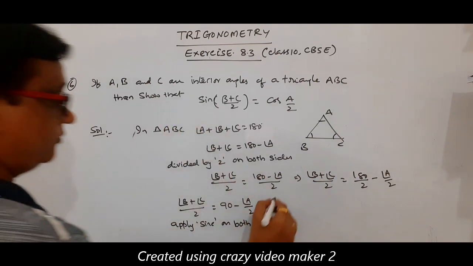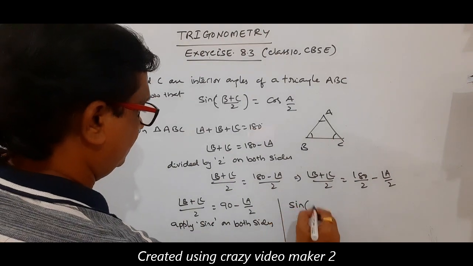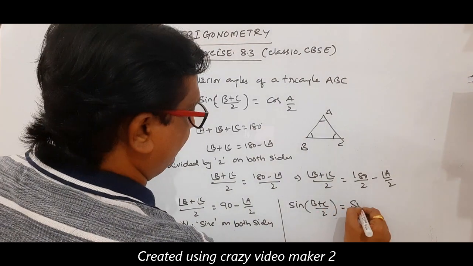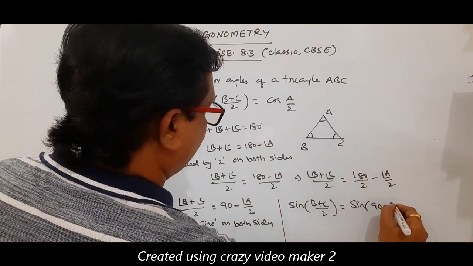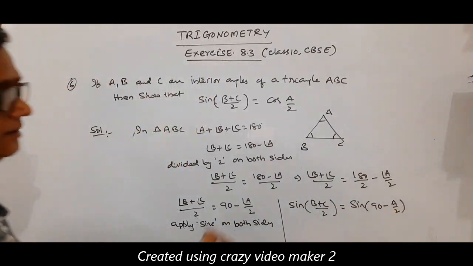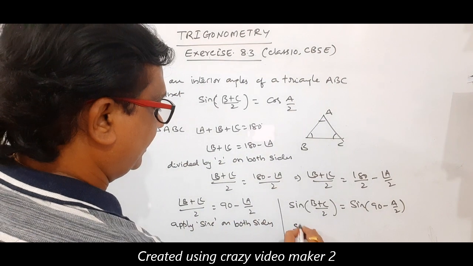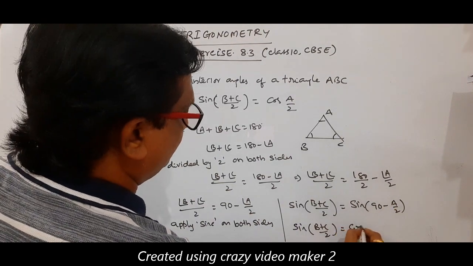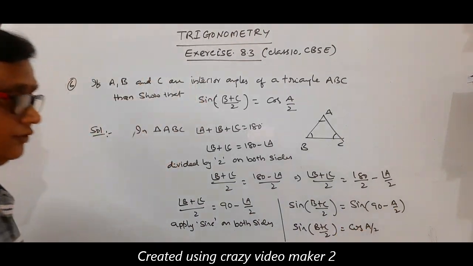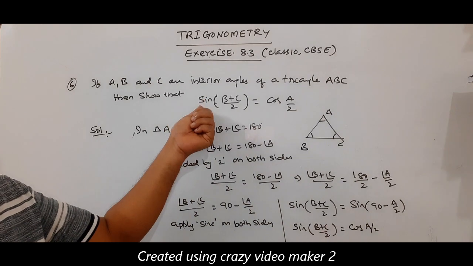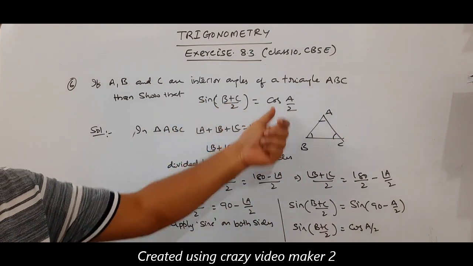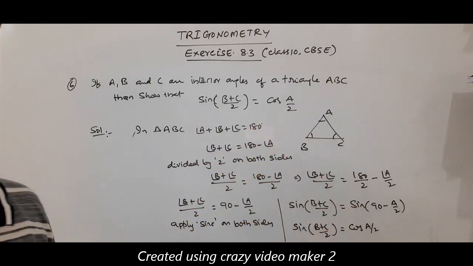So sine of (B plus C) by 2 is equal to sine of (90 minus A by 2). Sine 90 minus theta is cos theta, so cos A by 2. If you are going to introduce tan here, apply tan on both sides. So tan of (B plus C) by 2 equal to tan of (90 minus A by 2), that is cot theta, so cot A by 2 will come.